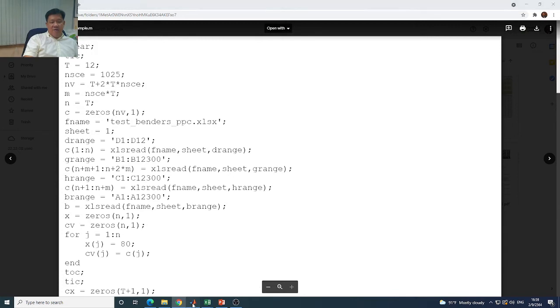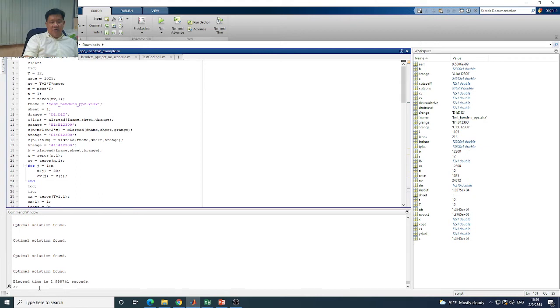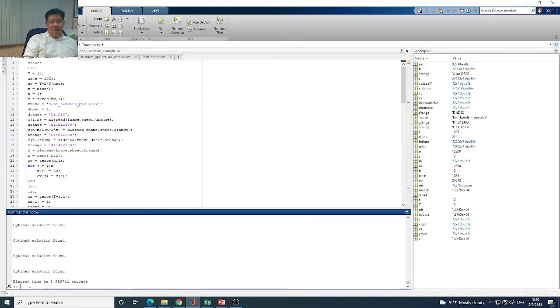And when we move to the Matlab program, I already showed you that we can run this program and it took around 3 seconds. You know that the number of iterations I showed you last time is 216.